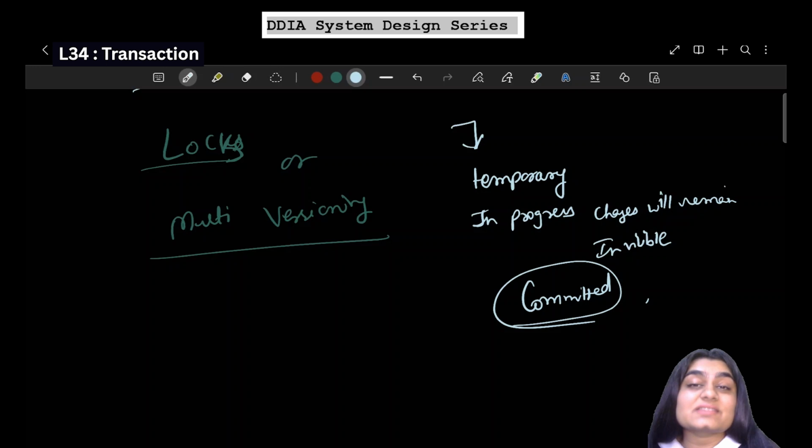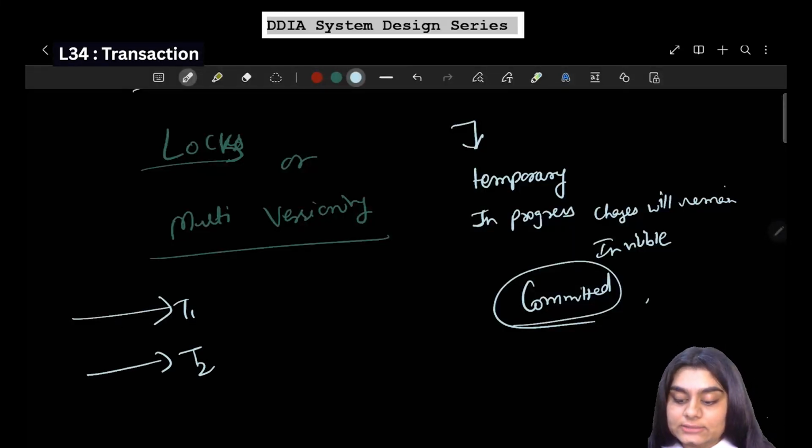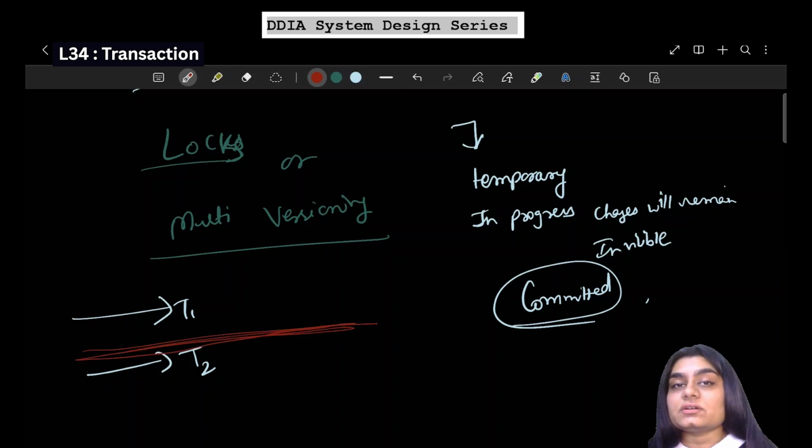Each transaction sees the database as if it is the only one using it at that moment. If two transactions are running concurrently, isolation will prevent them from reading uncommitted changes from each other or otherwise interfering in a way that produces incorrect results.